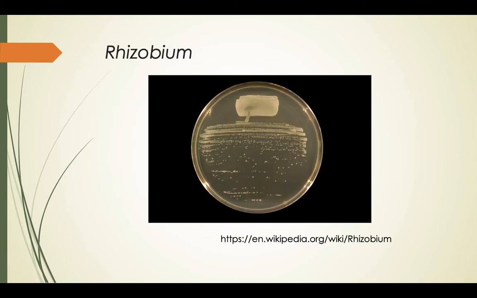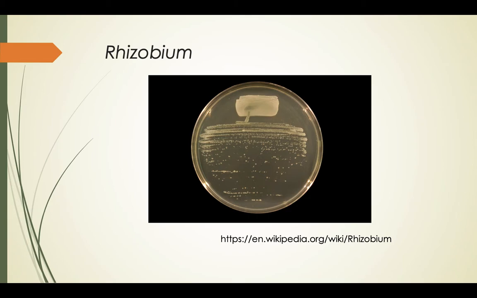All right, so let's take a look at some pictures, what we are expecting to see if we grow them in soil culture media. So we have rhizobium, a nitrogen fixer. Normally the nitrogen fixers look like normal bacterial colonies when you grow them.